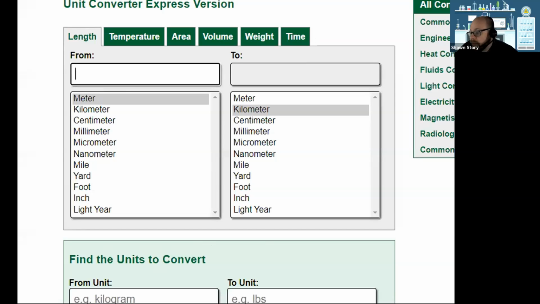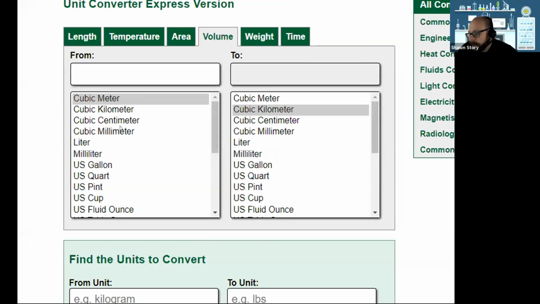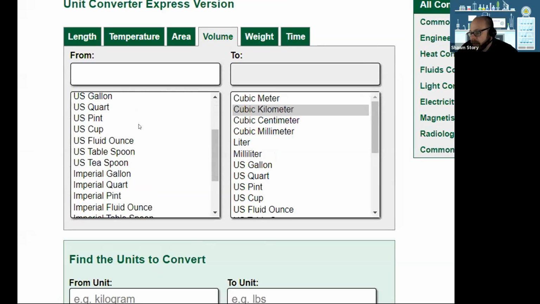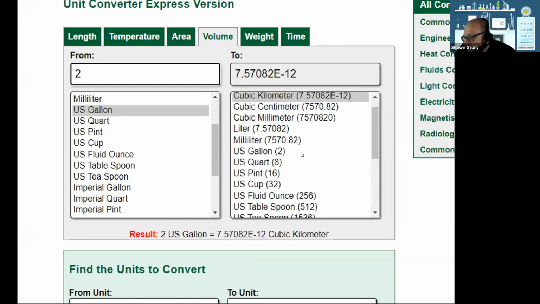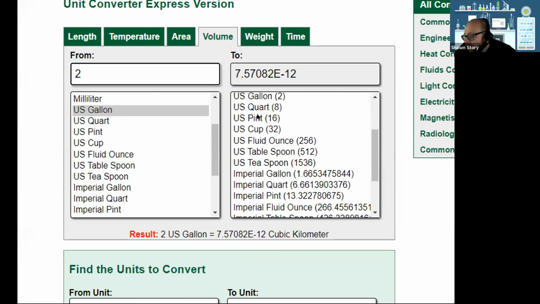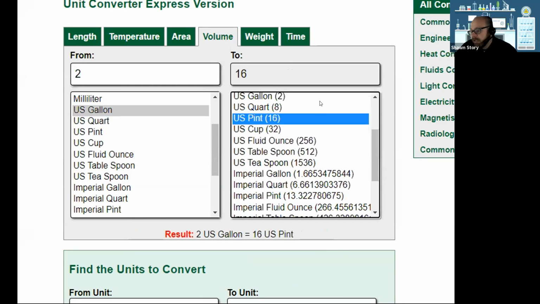We are doing volume. Our next question, number 11, is 2 gallons equals how many pints? So I want gallons here, and I want 2 gallons. How many pints is that? That is 16 pints.